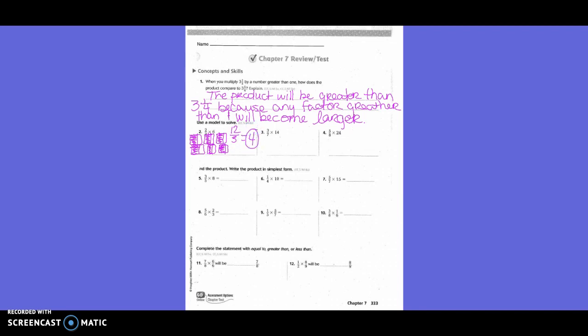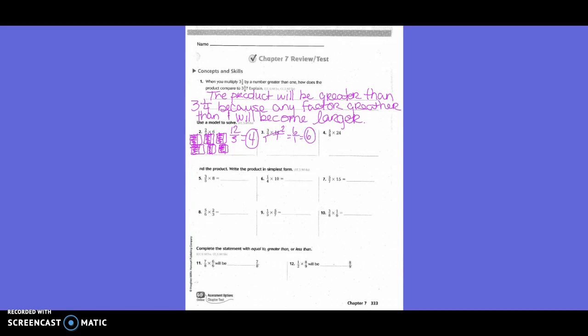So we drew the model there, but if I was going to just work out the problem, this is going to be 3/7 times 14 over 1. So can I simplify before I begin? Yes. 7 goes into 7 once. 7 goes into 14 twice. 3 times 2 equals? So 6 over 1, which equals 6.